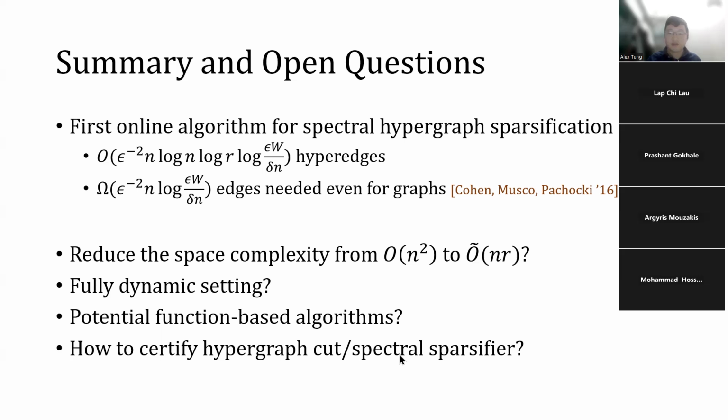At the point of our publication, this is the first online algorithm for spectral hypergraph sparsification, so I'm not aware of any results that use exponential working memory and deal with the online setting. And even if it helps, the best it can do is to shave off some log factors. Sure, thanks.